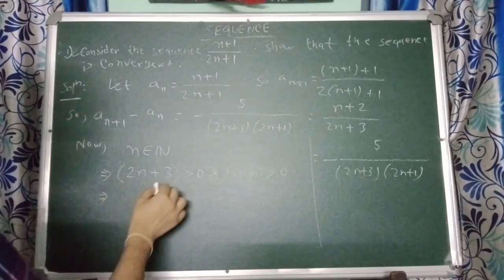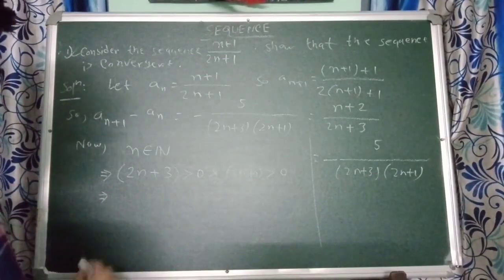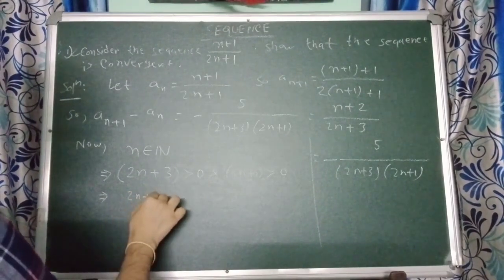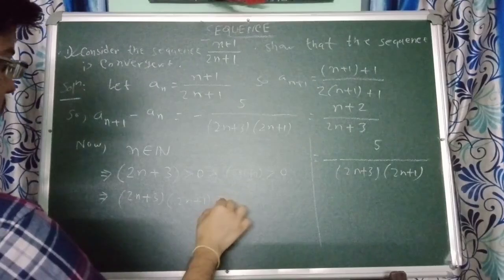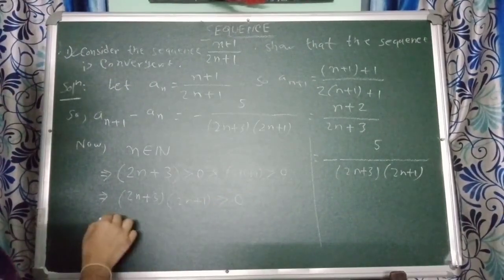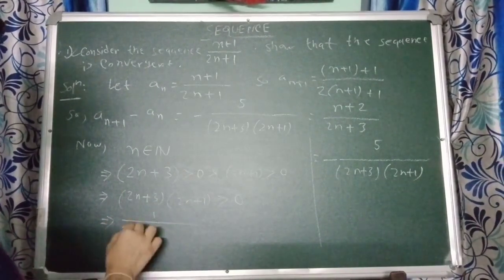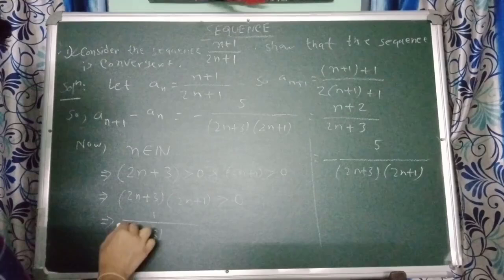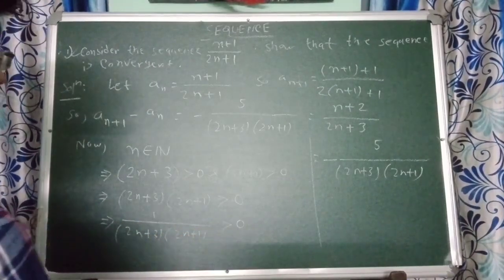So if we multiply two positive quantities, then the product will also be a positive quantity. Since this is a positive quantity, 1 divided by (2n+3) into (2n+1) is greater than 0.